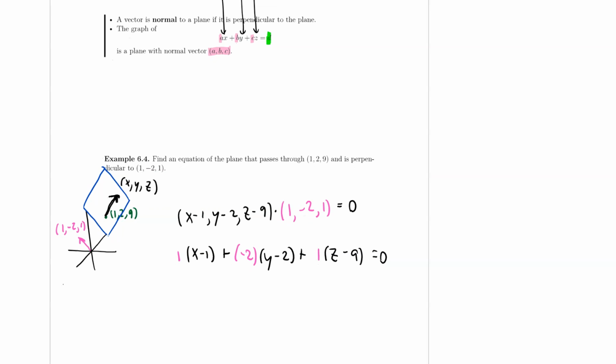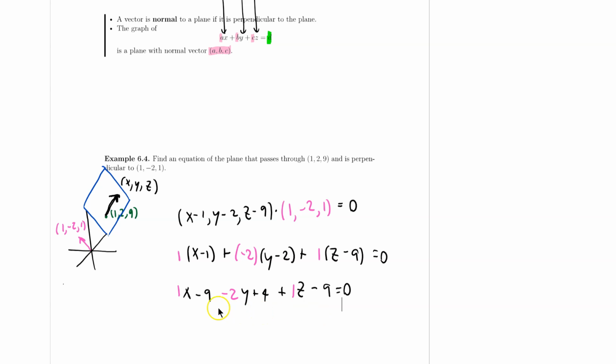Now I can just compute this out. So I'm going to get 1x minus 1, and then minus 2y plus 4, and then plus 1z minus 9, equal to 0.